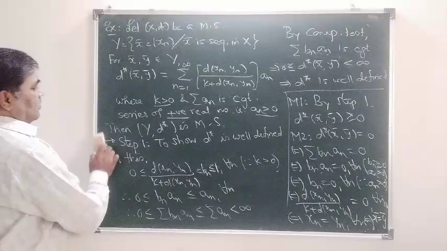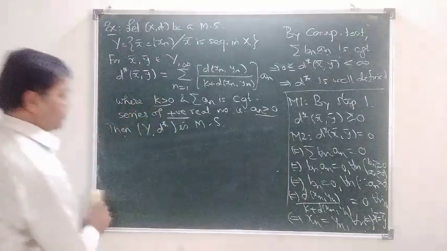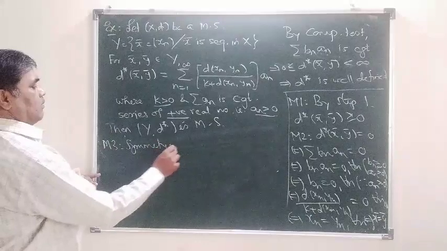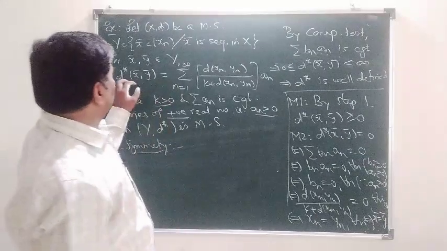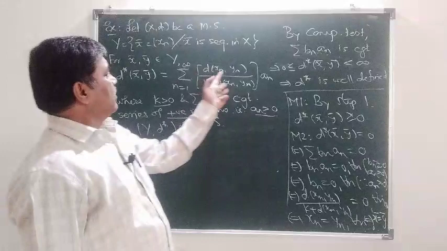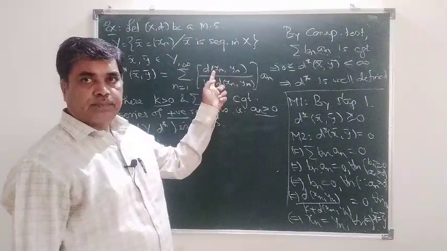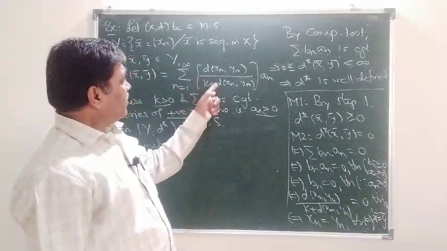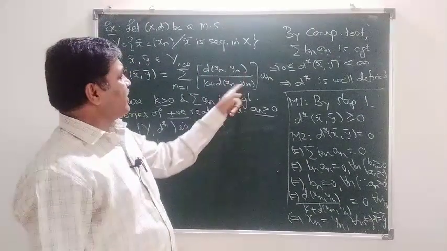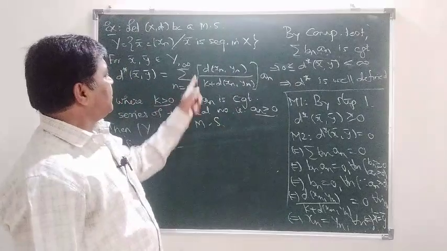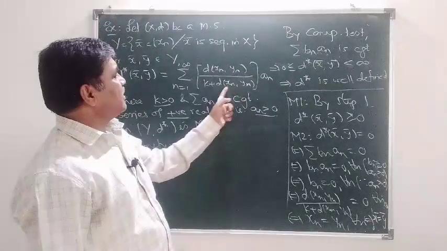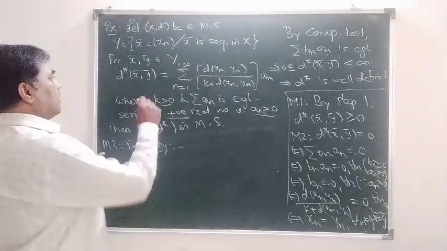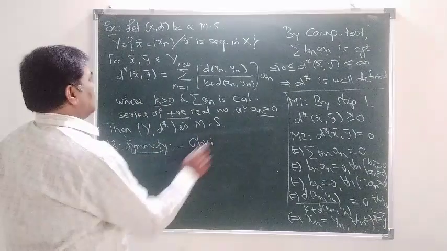Now, for symmetry, so in the d star of x bar, y bar, d is symmetric on X, and therefore d of xn, yn is written as d of yn, xn, and then we will get this sum is equal to summation d of yn, xn upon k plus d of yn, xn into an, which is precisely d star of y bar, x bar.